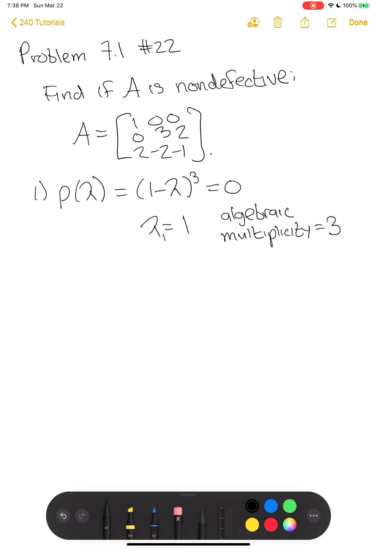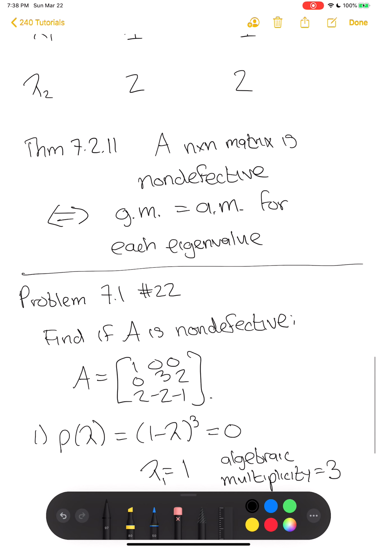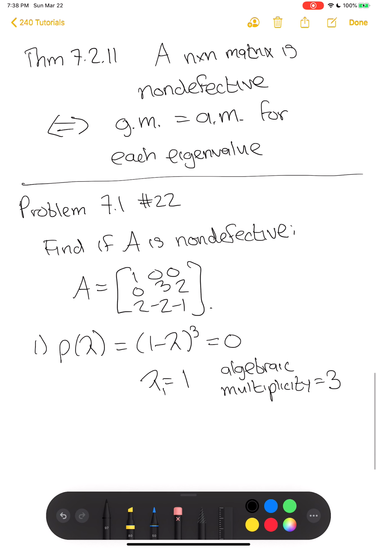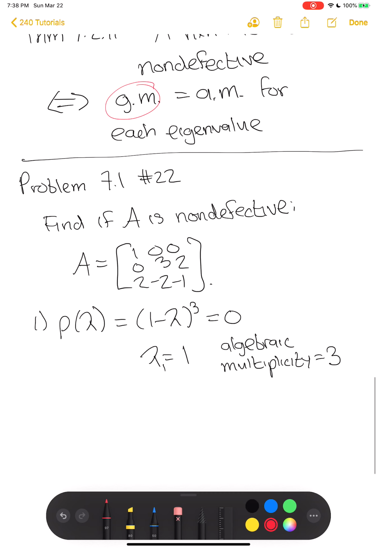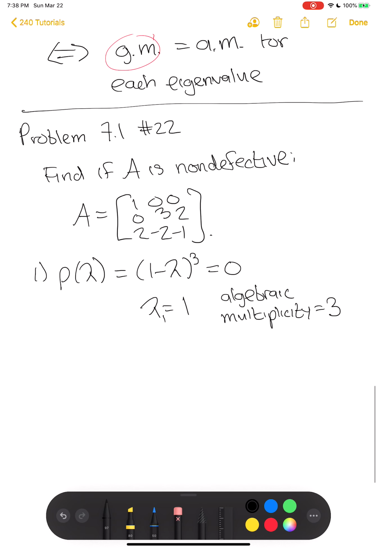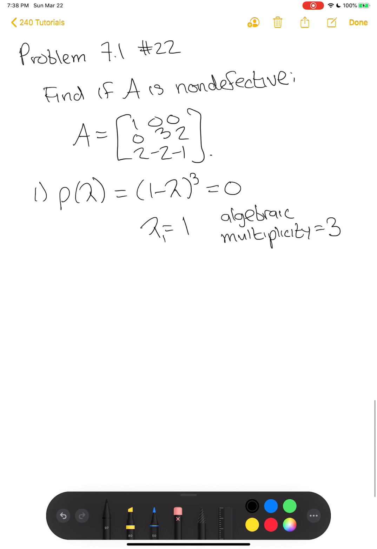Okay, so right off the bat, we know something about this matrix. We know that if we want it to be non-defective, we're going to need to find 3 linearly independent eigenvectors for this eigenvalue lambda 1 equal to 1. How are we going to do that? We're just going to see if it's even possible.